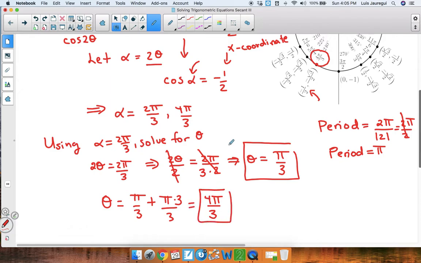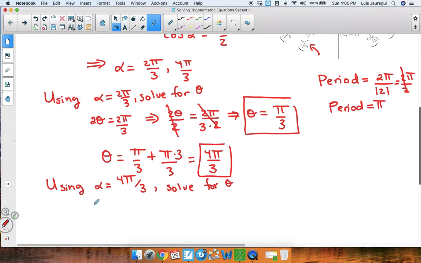Now using the other value of alpha, we can solve for theta. Using alpha to be 4 pi over 3, we also need to solve for theta. Using the fact that alpha is 2 times theta, we have 2 times theta is equal to 4 pi over 3.